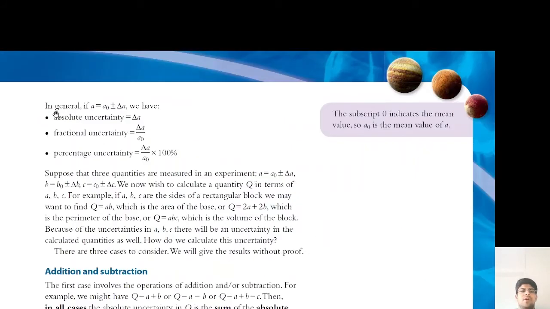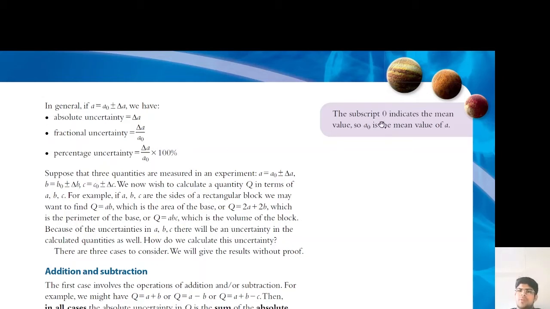Now, in general, if A equals A0, or some people say A naught, plus minus delta A, we have absolute uncertainty equals delta A, fractional uncertainty delta A over A naught, percentage uncertainty delta A over A naught times 100. This is just to give a formula; A naught here represents the mean value or the estimated value.